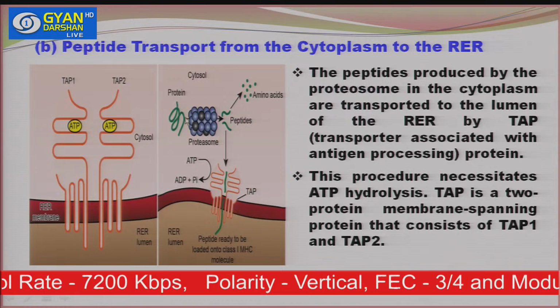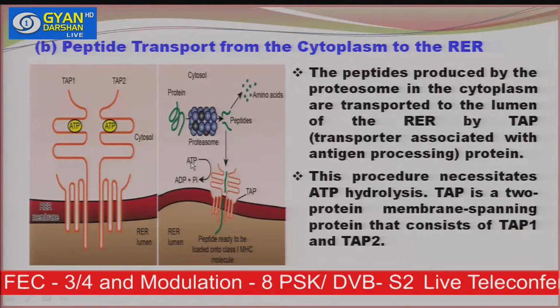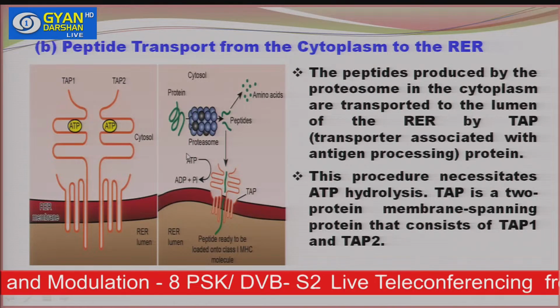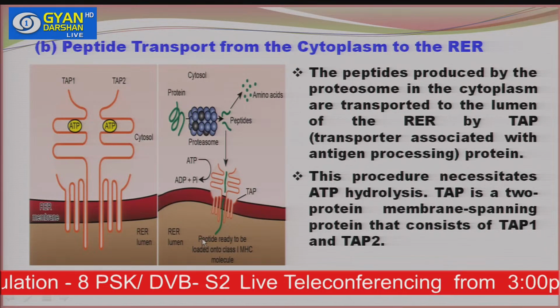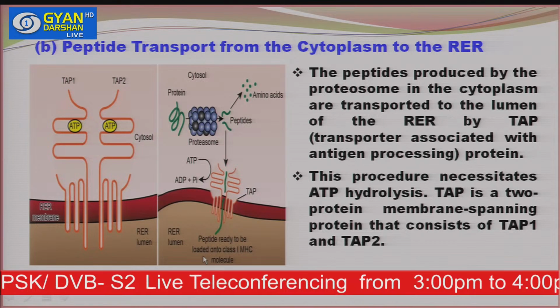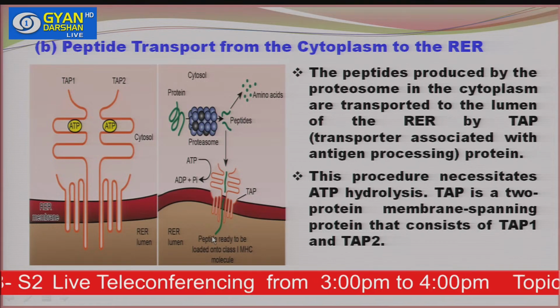Your proteins are processed, and ultimately the peptides pass through TAP 1 and TAP 2. It is an ATP dependent process, and your peptides enter the endoplasmic reticulum lumen.